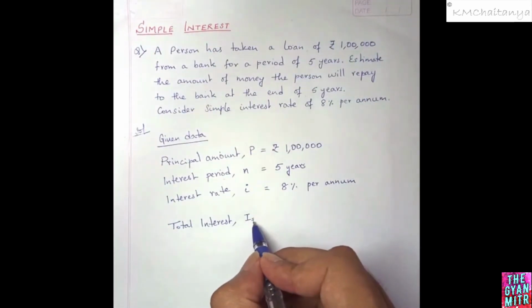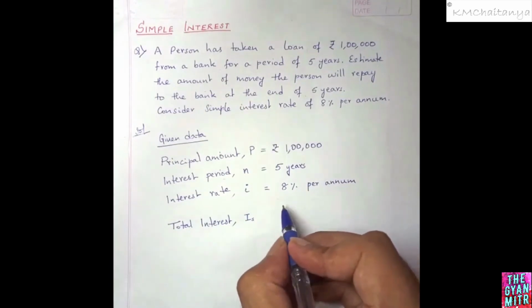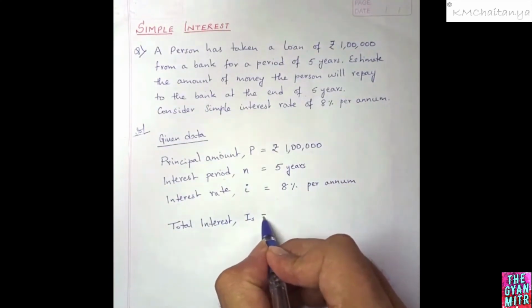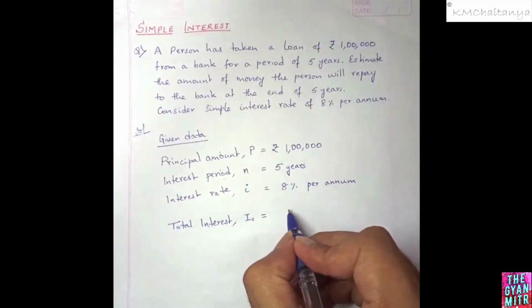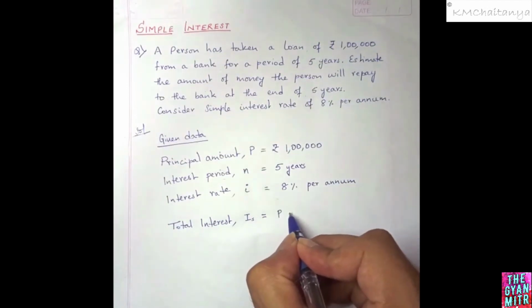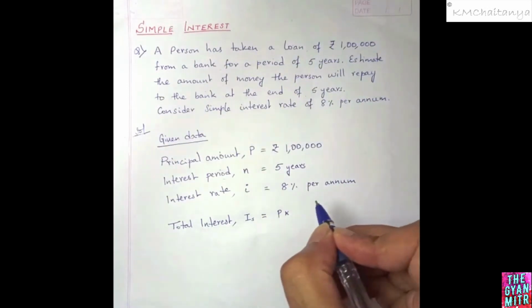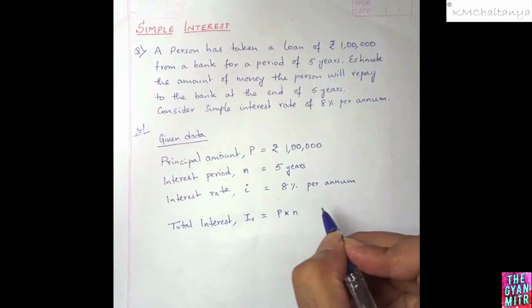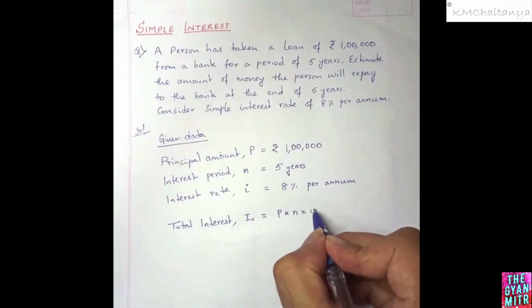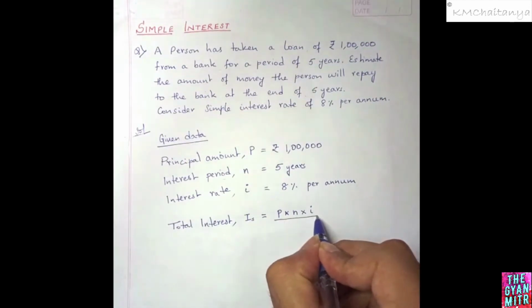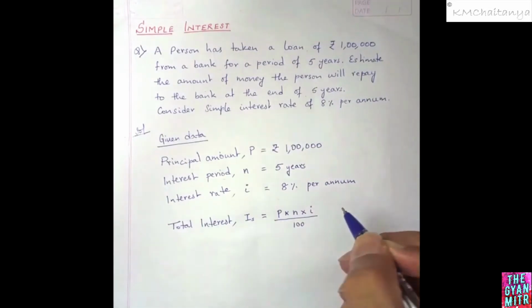IS is equal to, the formula is P, that is principal amount, multiplied by the interest period N, multiplied by the rate of interest I, whole thing divided by 100.